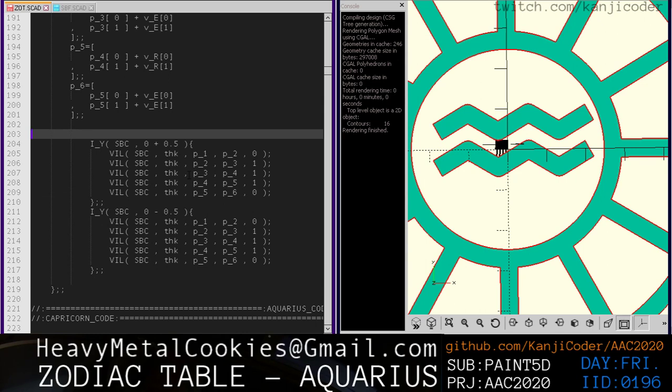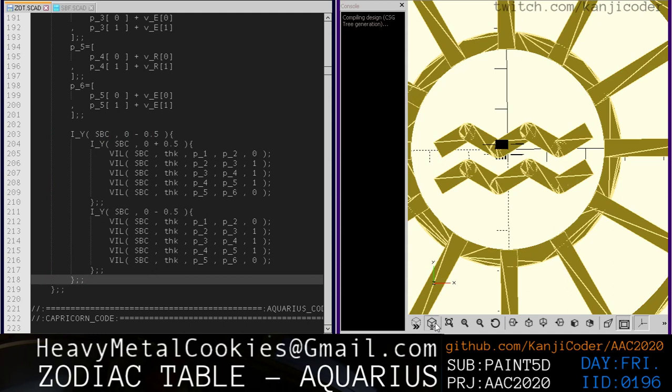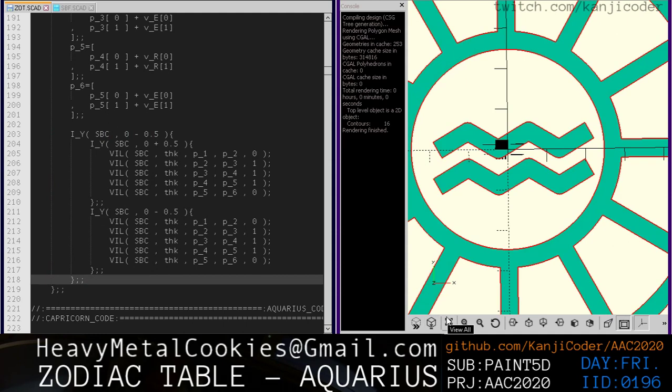So we might as well try like IY SBC 0 minus 0.5. I don't know. But let's try to center it right here anyways. Okay, so that's a little bit too much. That's not quite good. 0.25 maybe.